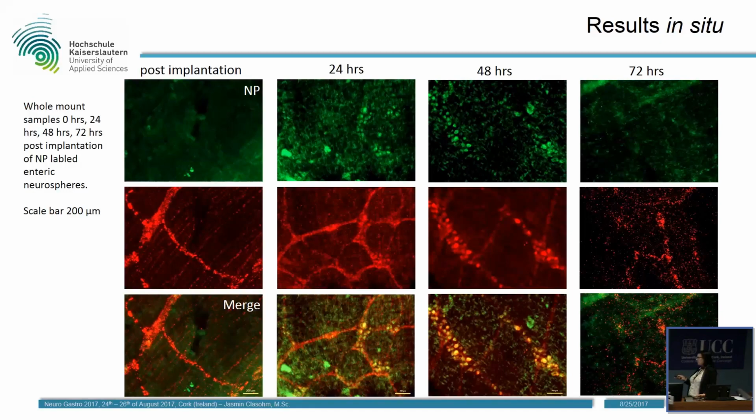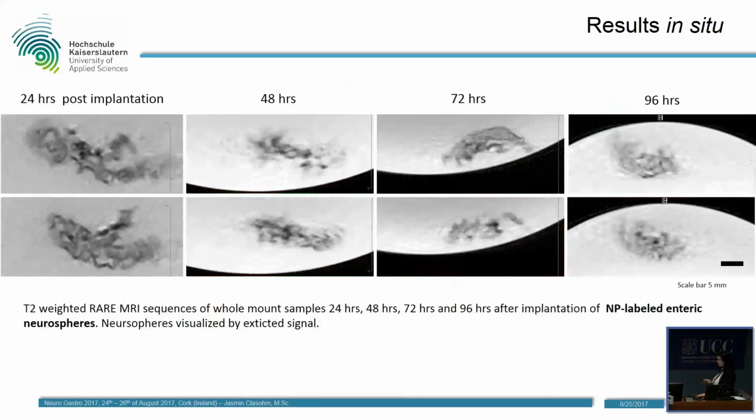At this time point it's getting very difficult because of the incubation of the samples. But in the MRI, and this is why I showed the slide before, we can detect our neurospheres much longer.